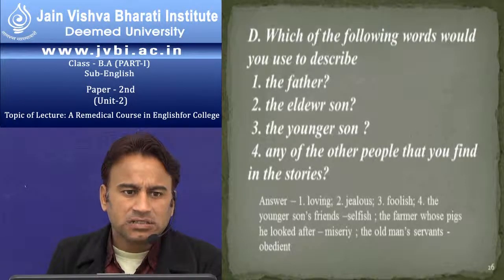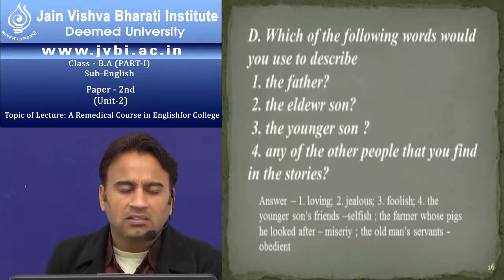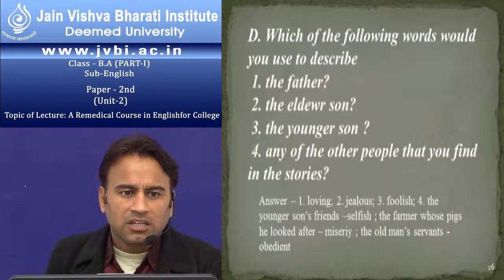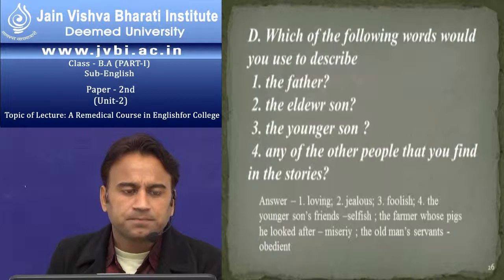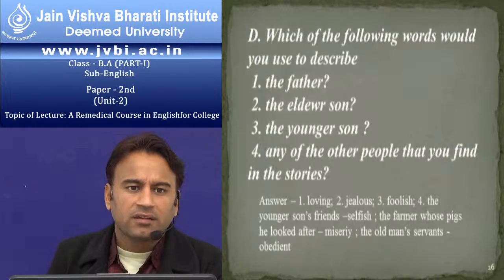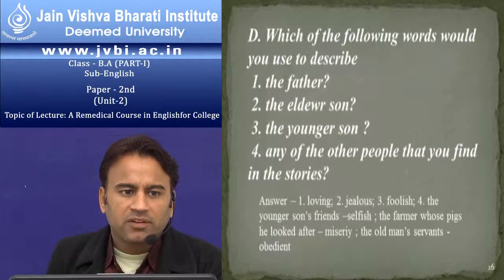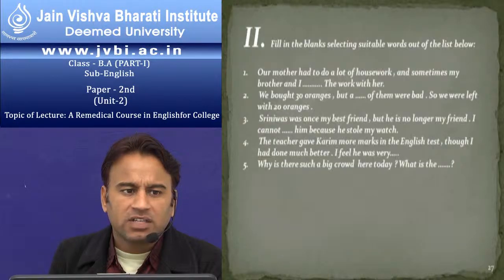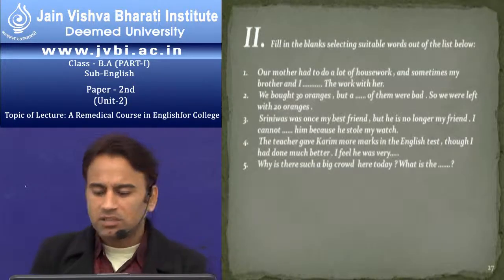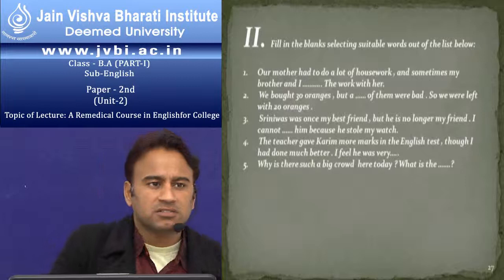The elder son is jealous, which we see in the last stanza. The younger son is a foolish one. And of the other people that you find in the story, the farmer whose pigs he looked after was miserly, and the old man's servant was obedient. All these characters are described with their qualities.